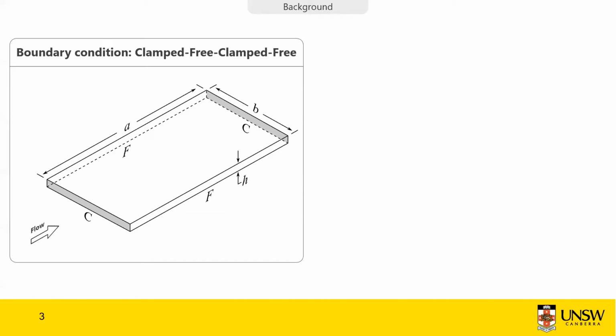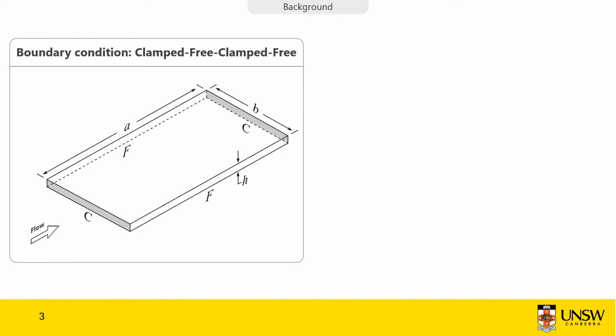There are different types of structures that we can analyze, but I'd like to focus this research on a particular boundary condition set, which is called clamp-free. There are great studies from UNSW Canberra on cantilevered panels, so clamped-free. There are also a lot of studies on fully clamped panels, which are representative of skin panels in aircraft fuselage.